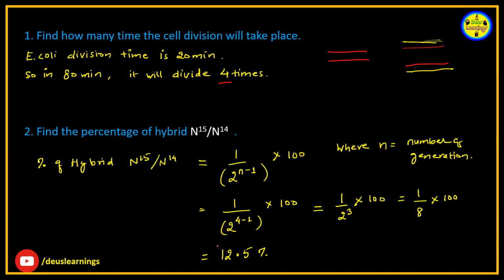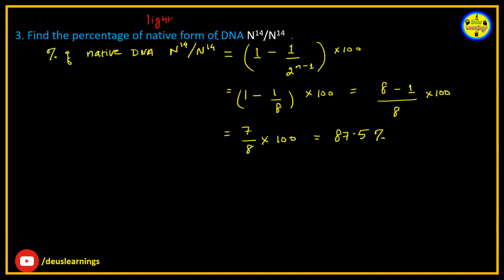Okay, the next we need to find the percentage of light strand DNA. Okay, so for the native strand or the light strand, you have to put the formula 1 subtracted by 1 by 2 power n minus 1, and the value is multiplied by 100. So when you put the value and solve it, you get 7 over 8, into 100, and the value will be 87.5%, right?